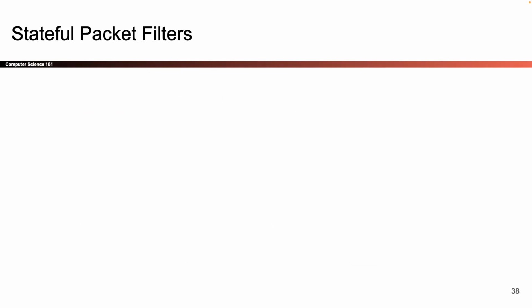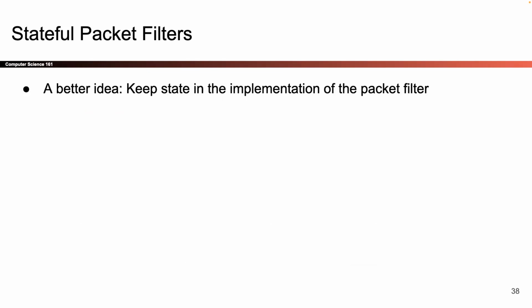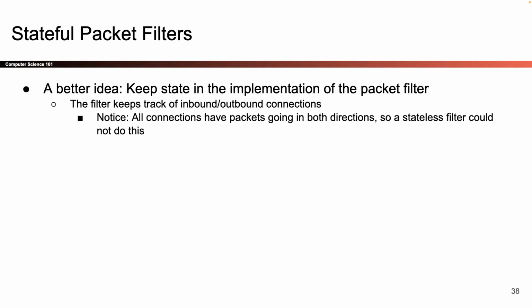Okay. What if you don't like that? What if you think stateless is too weak and you want stronger protection? Well, this is where stateful packet filters come in. And here, the idea is that I'm going to keep state, which means that not only am I going to look at every packet one by one, but I'm also going to remember packets in the past that have come before. And so that means that instead of looking at every packet one by one, that's the packet mindset, I'm going to start thinking about the connections.